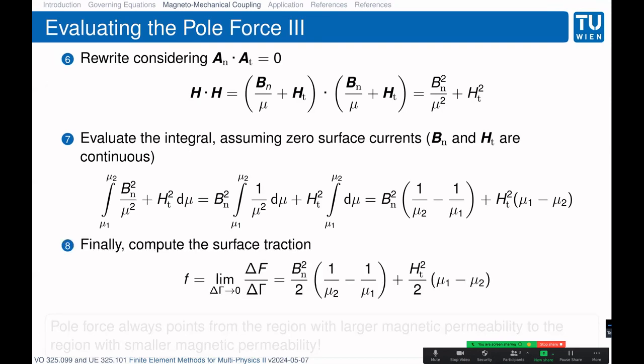And then you can finally find the force density, which depends on the permeability jumps, one time in an inverse manner, one time normal, and one time weighted by the tangential field component and by the normal flux component.